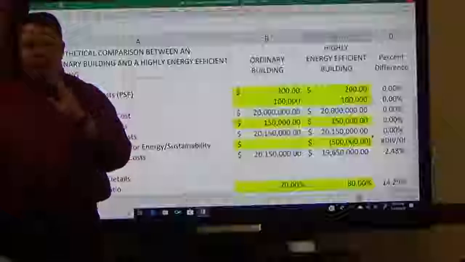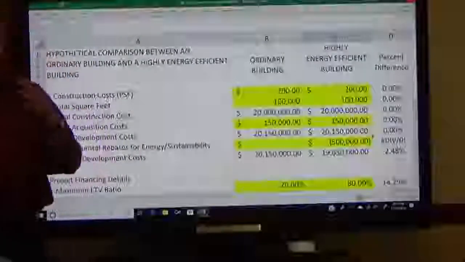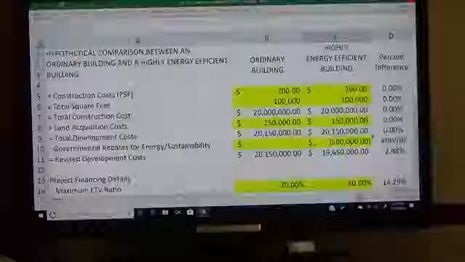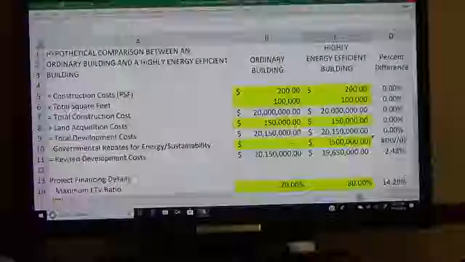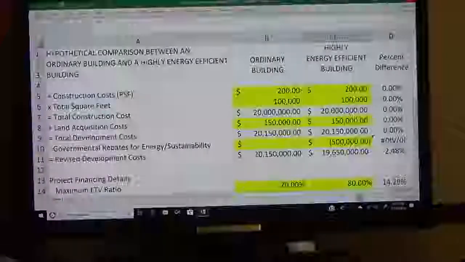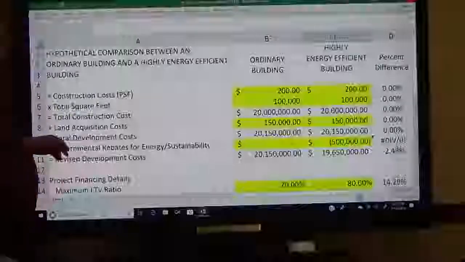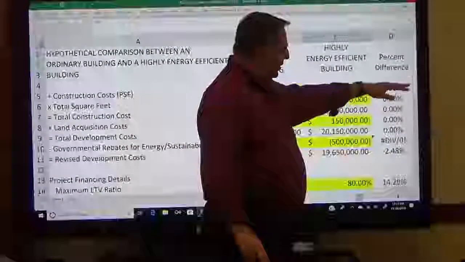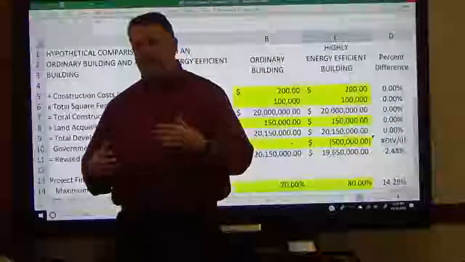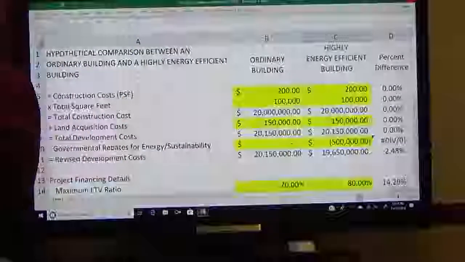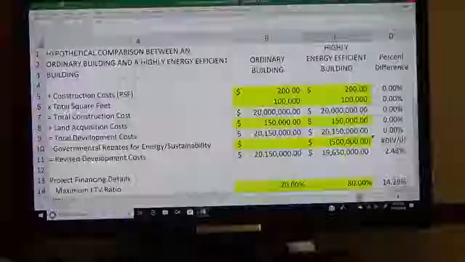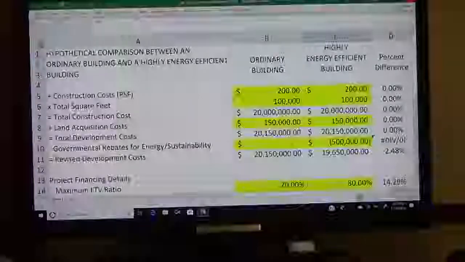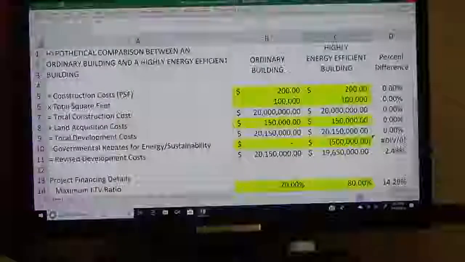At the moment, we're going to walk through and explain what each of these are if they're not completely inherently obvious. But some maybe aren't really obvious. And then ultimately, over on the far right, we'll look at a line item basis, and overall, what differences may exist between an energy efficient building and an ordinary building, okay?